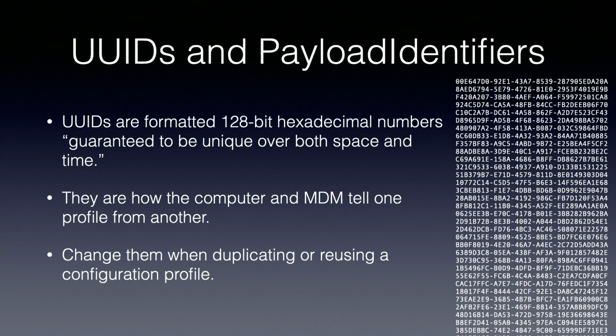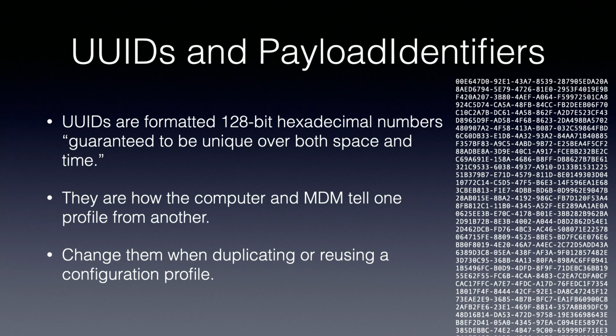They do need to be unique. If you get a profile from another source and are intent on deploying yourself, you should change them in the profile to make it yours and avoid the risk, however slim, of collisions.